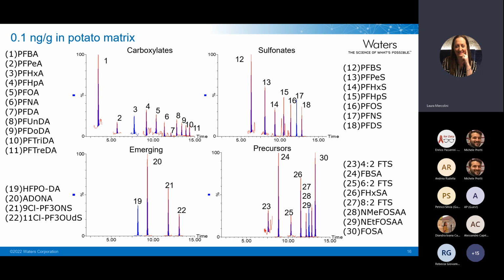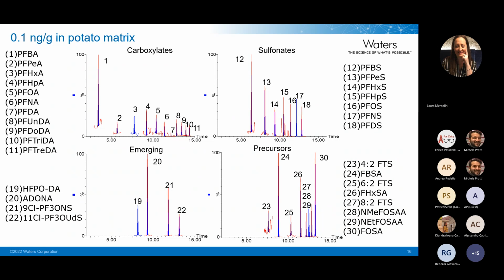The protocol is very simple, and our idea is to extend the panel of compounds to determine in a single run, because as you know, the PFAS world changes each year. Each year, legislation is changing, and many other congeners of PFAS are introduced in the legislation.